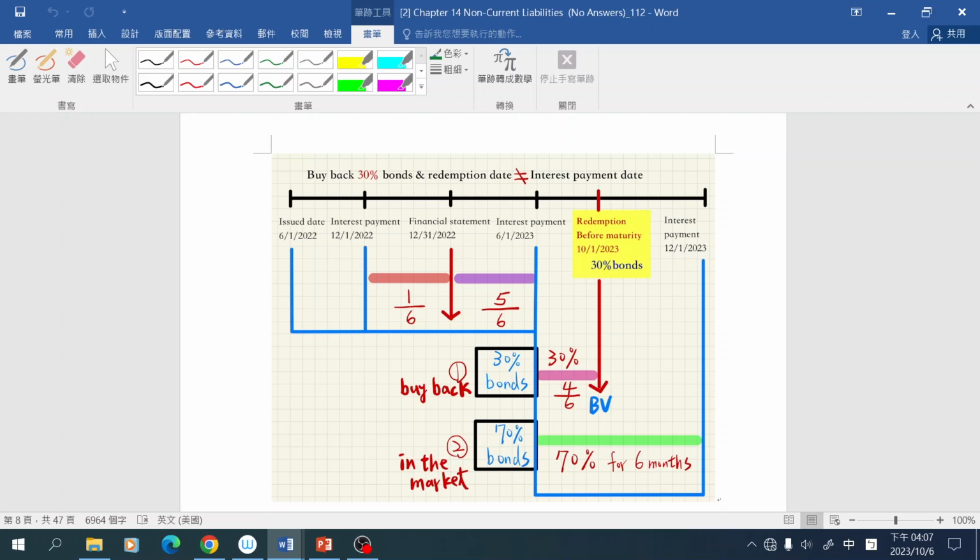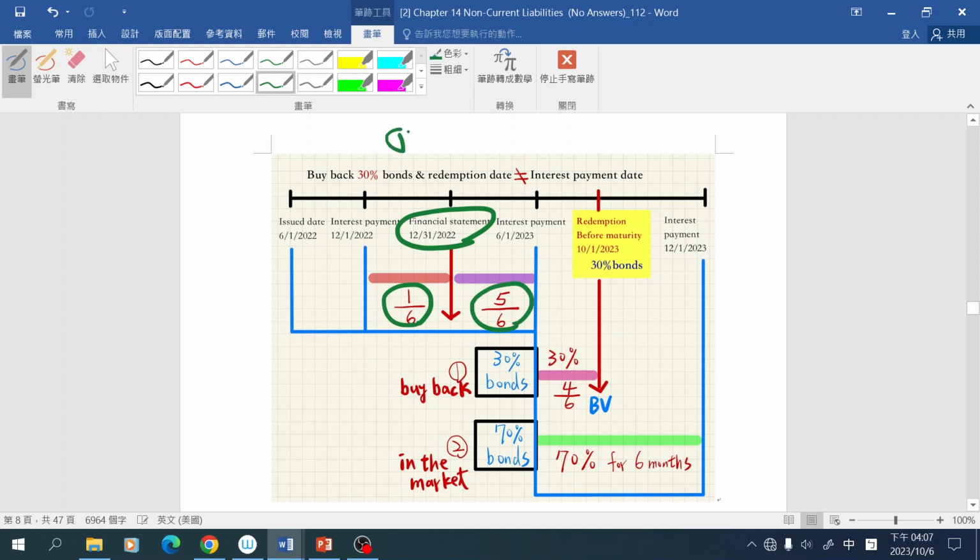So before you buy back the bond, the only thing you should be careful about is the date. You should think about when we prepare financial statements on this date. So be careful about the date.